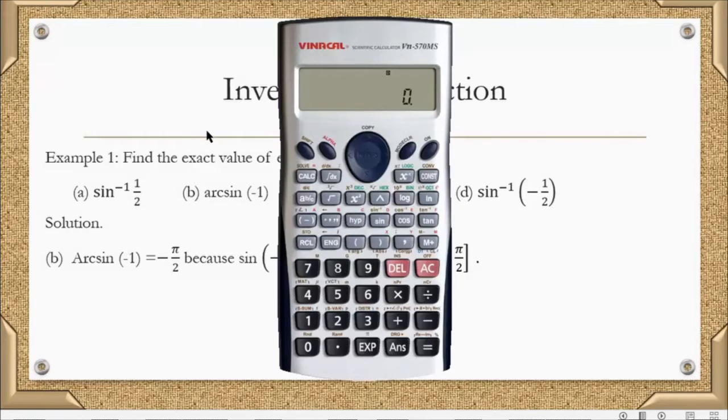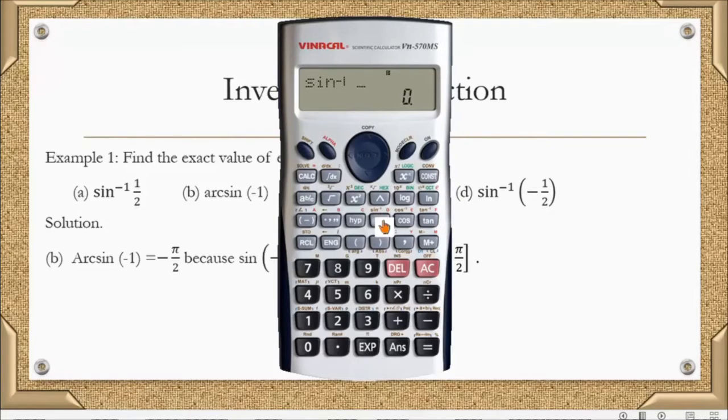Para magamit nito, ang gawin mo lang ay pindutin mo lang itong shift, tapos itong sine. Kasi dun sa shift, sine, sa upper portion ng sine ay meron doong inverse. So, yun ang kinukuha natin.